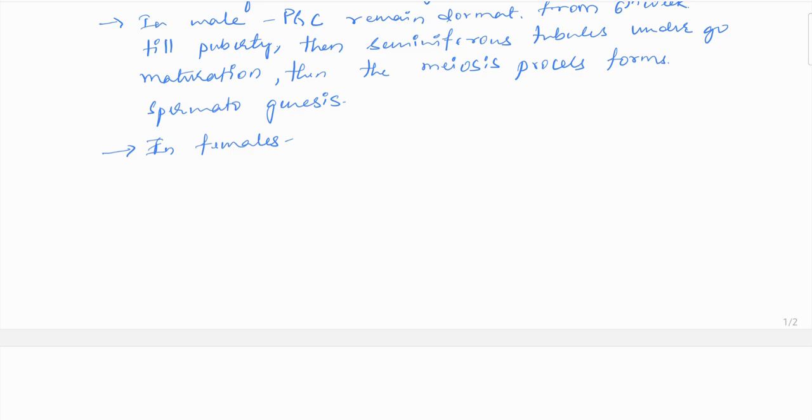Then up to the 5th month the meiosis process already starts, and they form primary oocytes, which get arrested in the diplotene stage of prophase. Meiosis 1 will complete, but meiosis 2 will not continue, and they get arrested up to puberty. In intrauterine life, in the 5th month only, they start their meiosis process.